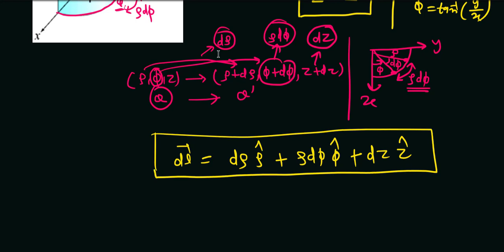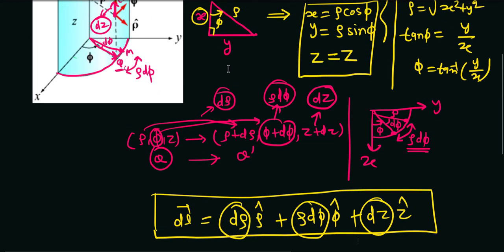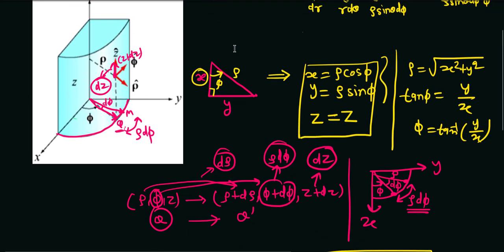Once you find these lengths of the element in each direction, you can easily find the infinitesimally small surface element and the infinitesimally small volume element. So let's first calculate the volume of the volume element. Let me first remove these. What do I mean by an infinitesimally small volume element?